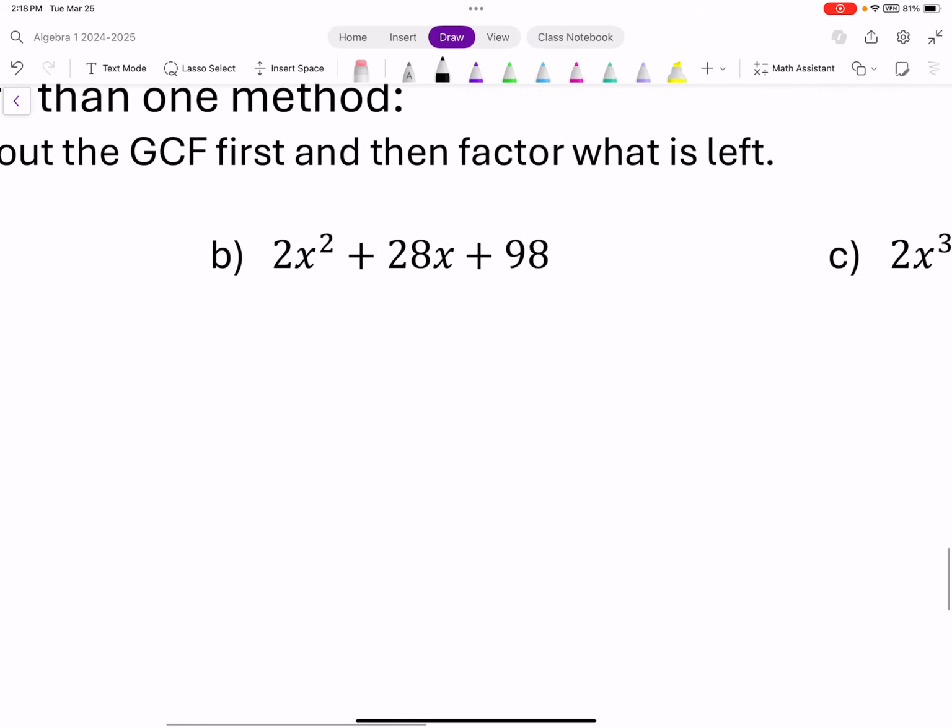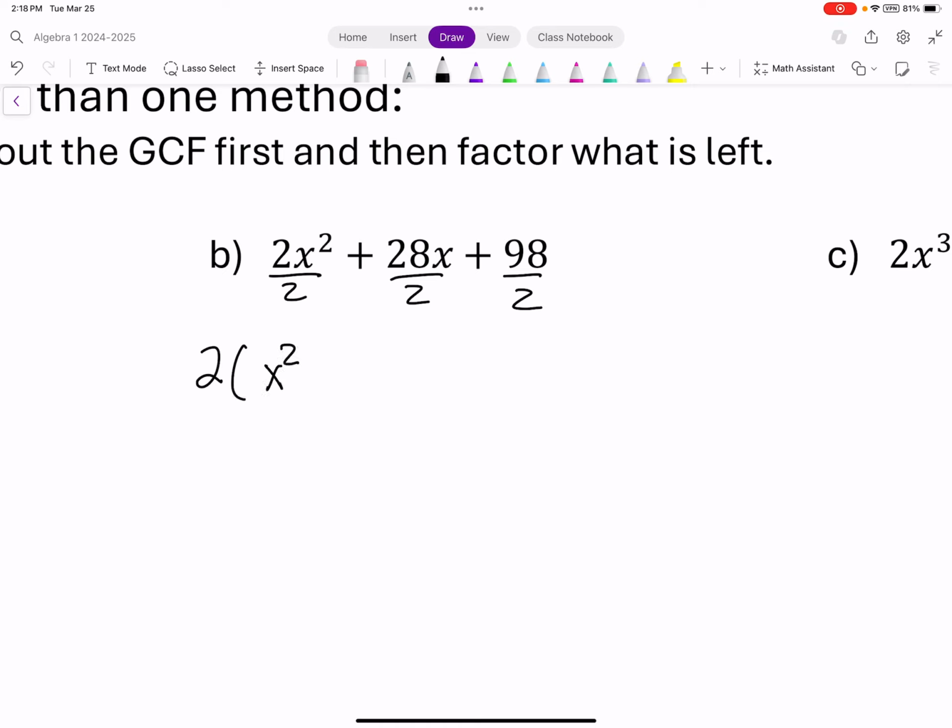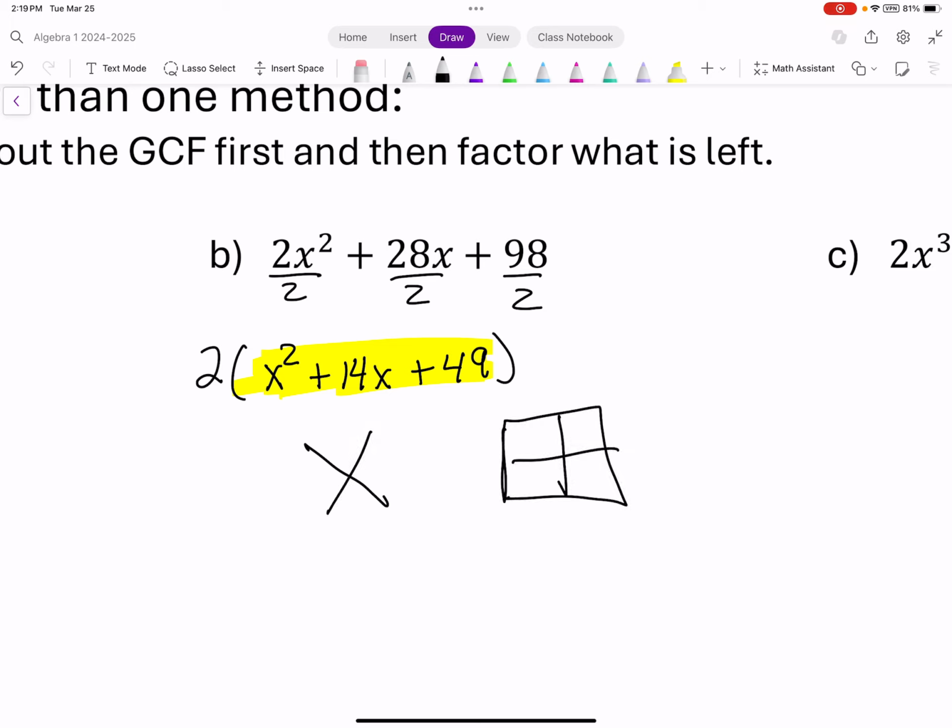So looking at letter B, I can divide all of these numbers by 2. They do not have an x in common, so I'm only going to divide everything by 2. So this would be x squared plus 14x plus 49. From here, this is not a difference of squares, so it wants us to use the x in the box to factor this.